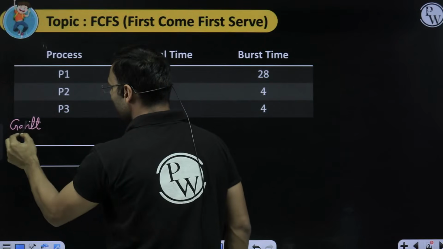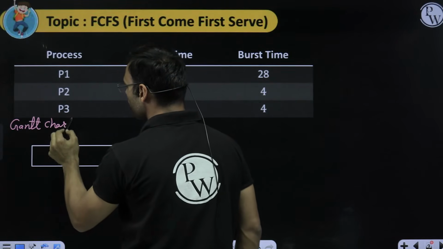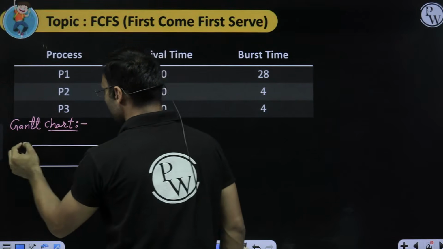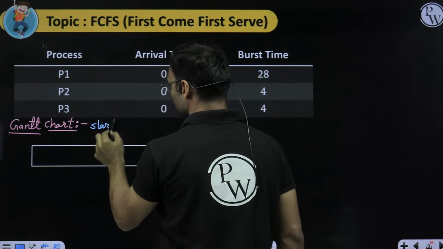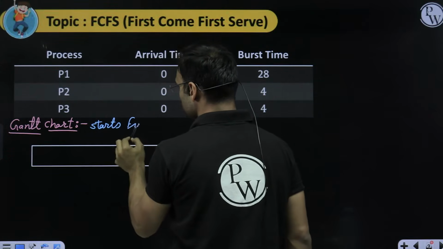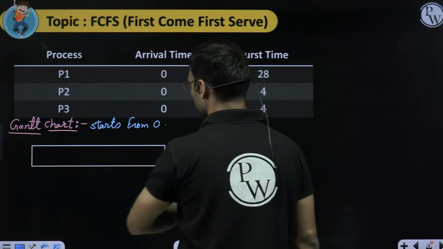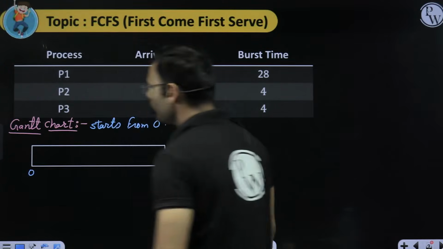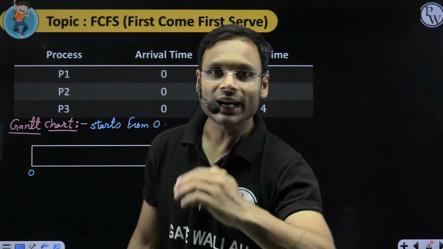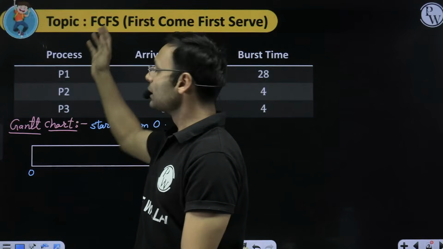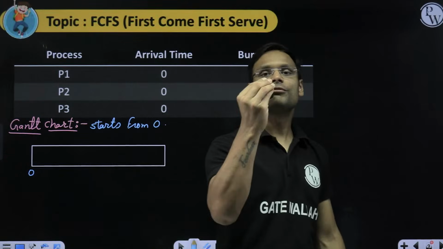That particular Gantt chart starts from 0 always. Remember that. So at time 0, in the Gantt chart, what will we try to do? We will try to understand, as per our algorithm, which process will run first.